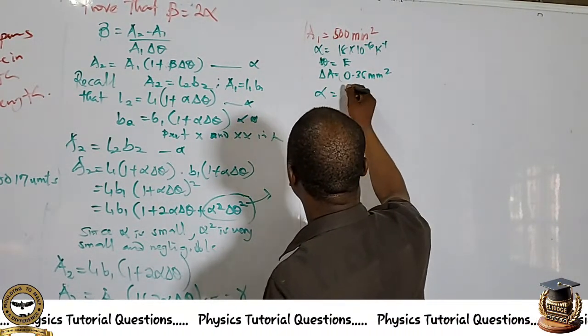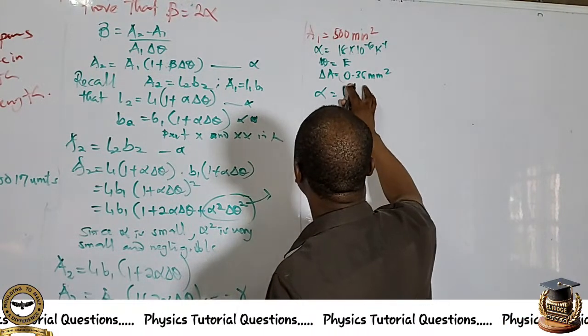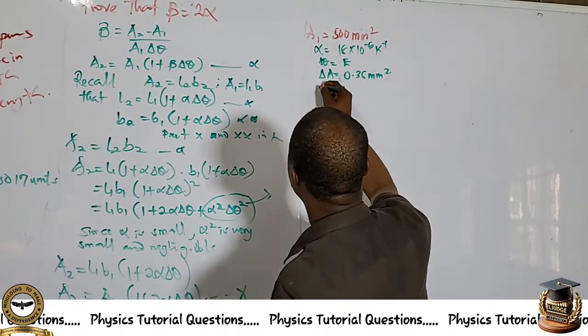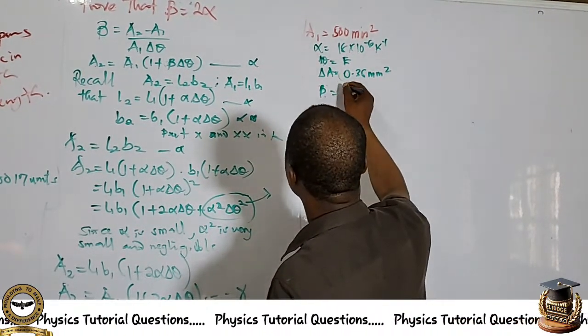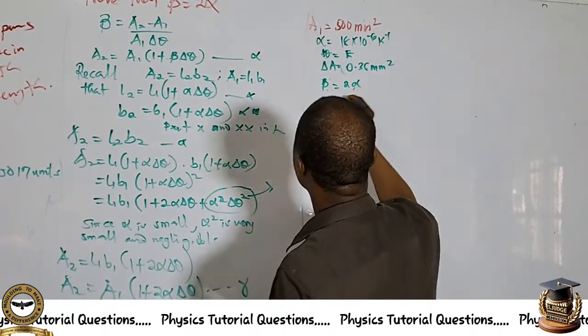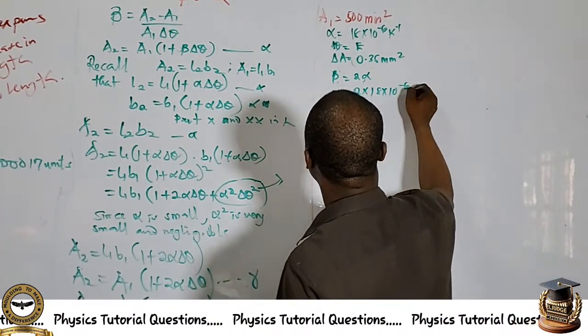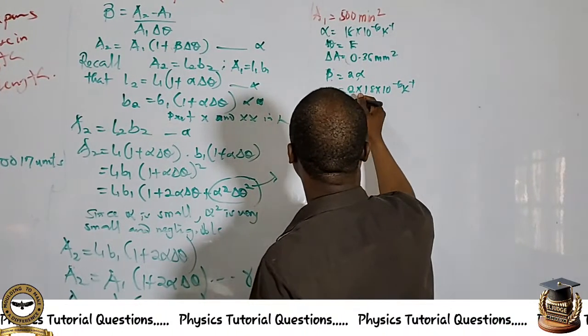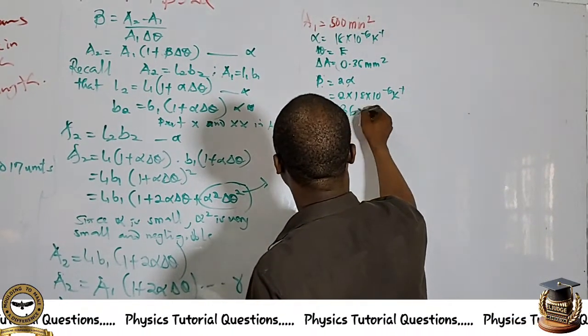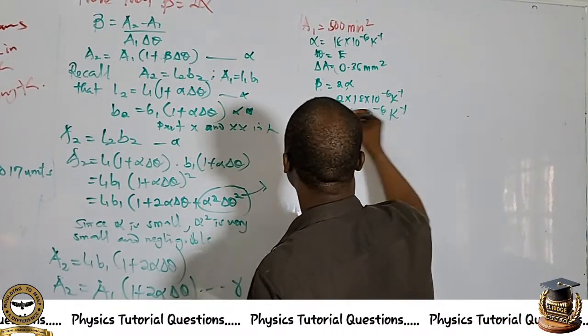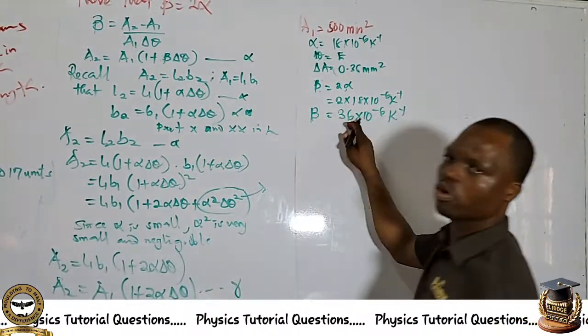We are dealing with beta now. Beta equals 2 alpha. So we need to multiply 2 times 18 times 10 raised to minus 6 per Kelvin. So beta is equal to 36 times 10 raised to minus 6 per Kelvin. So that's our beta. You have to convert it.